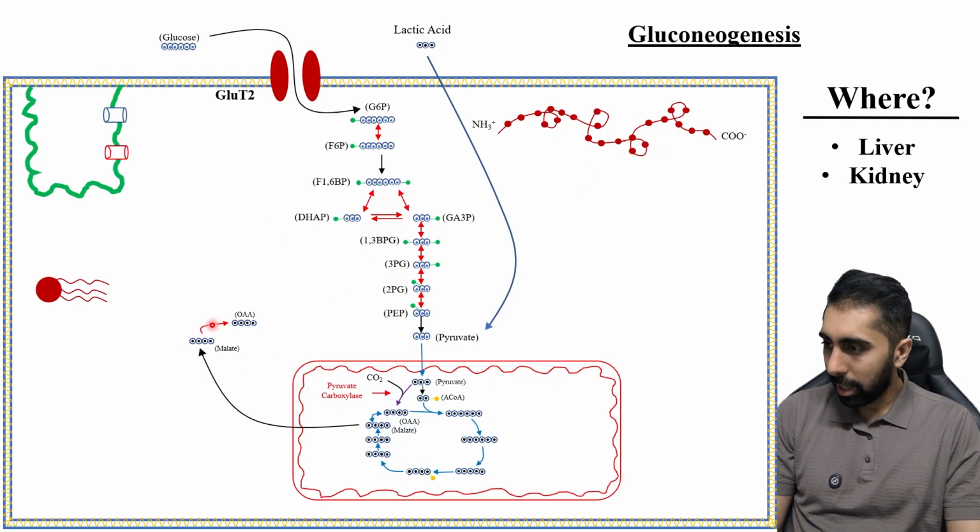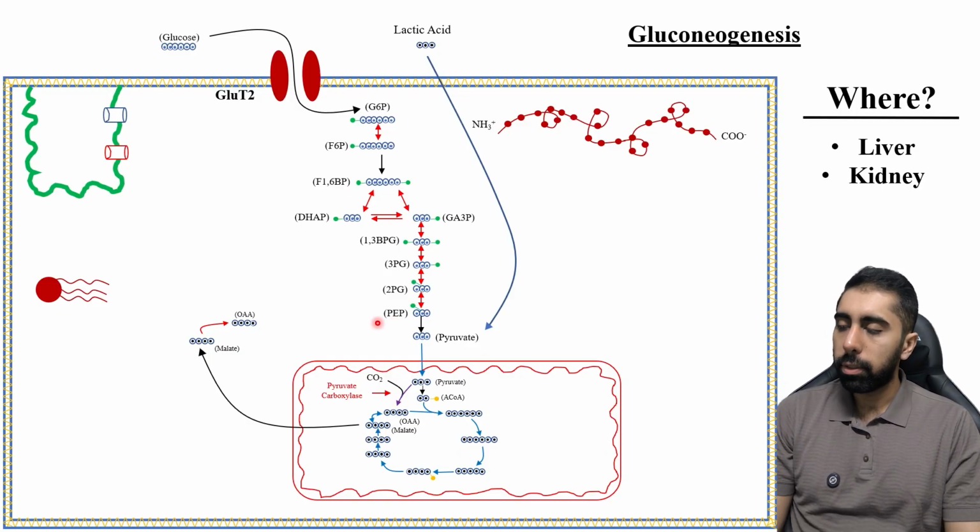So oxaloacetate is doing something interesting. Let's take a look here again. We turned lactic acid into pyruvate and then into oxaloacetate. Why didn't we turn it directly into phosphoenolpyruvate for all these steps to produce glucose?